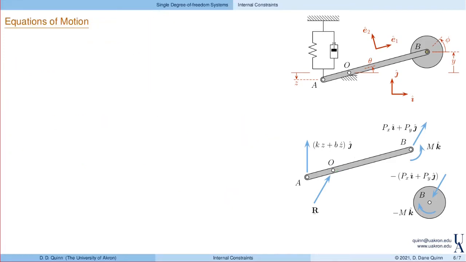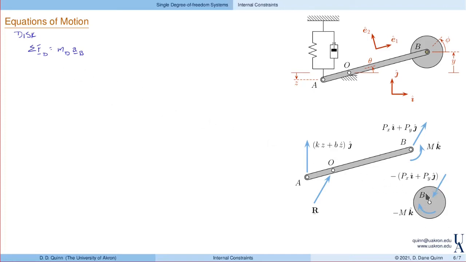Okay, well, you know what? We're ready for the equations of motion. And let's actually start off with the disk. So linear momentum balance: the sum of the forces on the disk is the mass of the disk times the acceleration of the mass center, so that's point B. Now we'll just incorporate everything we have here.